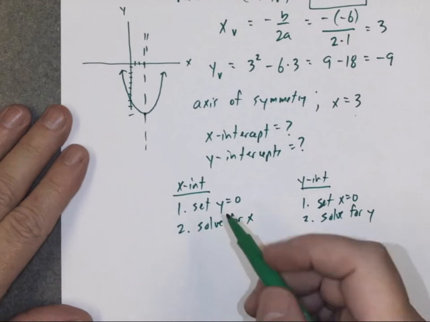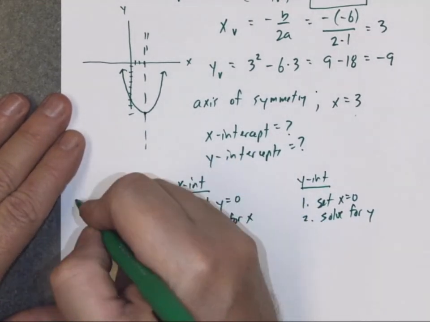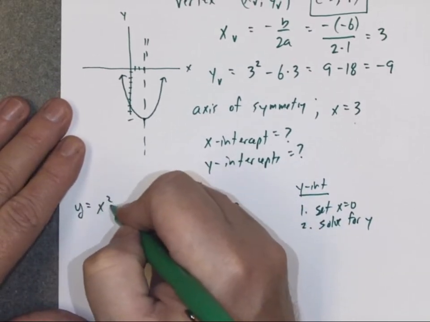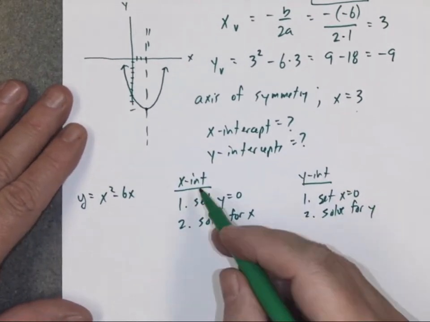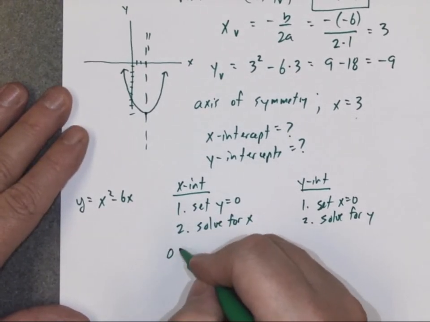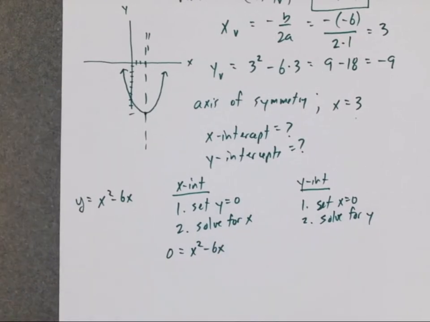So let's do it. Once again, let me write my equation over here: y equals x squared minus 6x. So for x-intercepts, set y equal to 0. So I have 0 equals x squared minus 6x. I need to solve this for x.